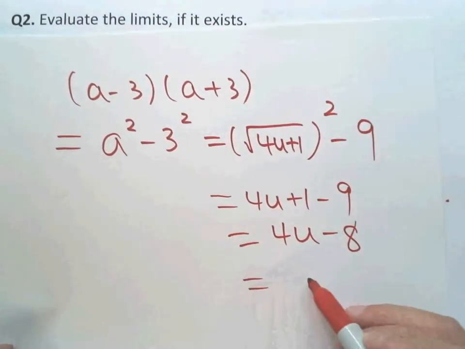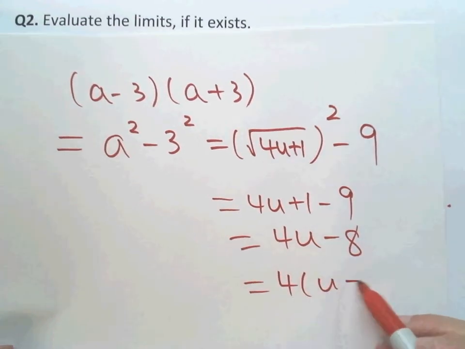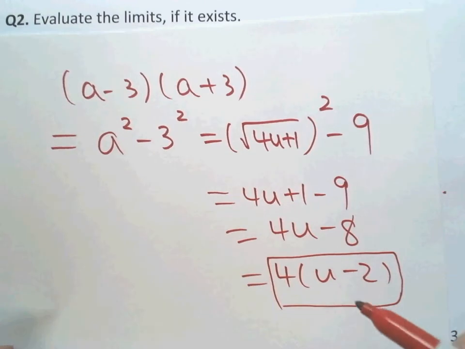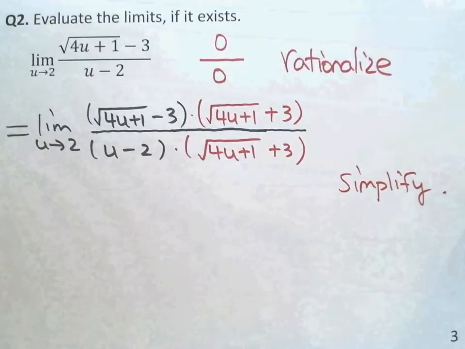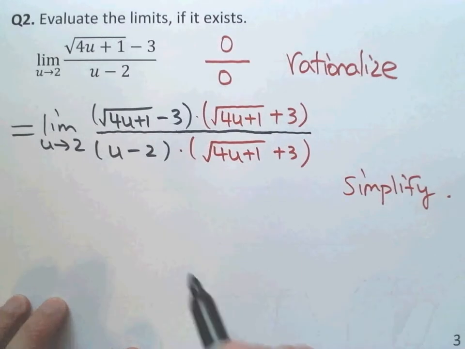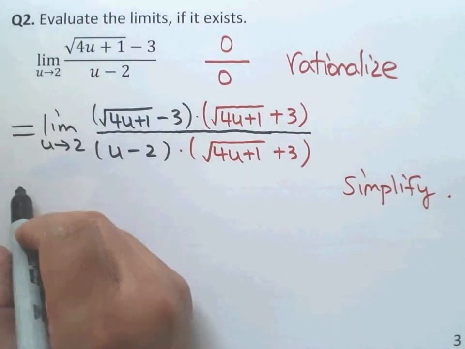Of course, we can do one more step: we factor 4 out, 4 times u minus 2. I will use this for the numerator. This is simplified. After simplifying, we get the numerator is very simple. Do we get it? I will put it here.